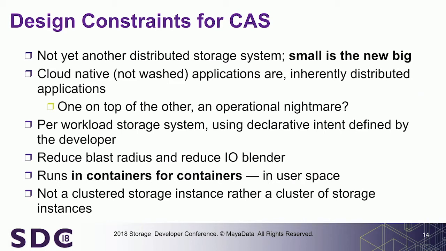Reduce the blast radius, so if one of the microservices goes down, not the whole application goes down, or even worse, the whole department of the company goes down. Obviously it runs in containers for containers, so this implies that it has to be in user space. It's not a clustered storage instance, rather a cluster of storage instances. So small but fundamental difference.